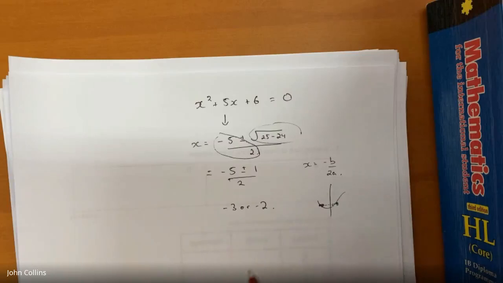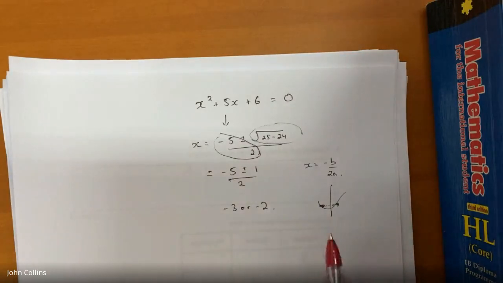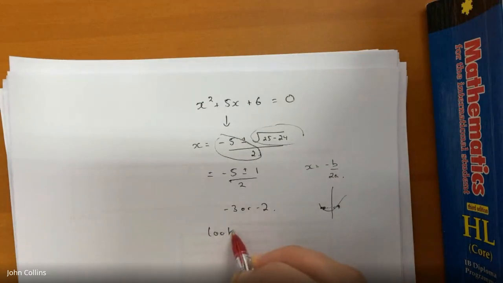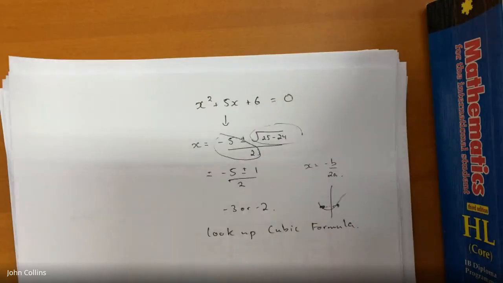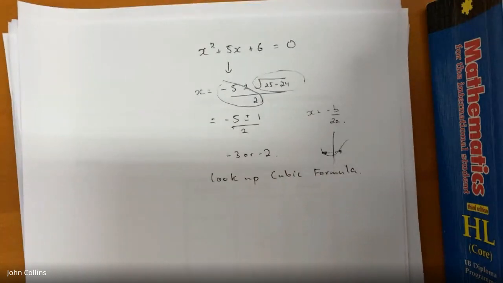Now the cubic formula does exist. It's going to take me too long to write it out. I would definitely make a little note in your notes to look it up. And with the cubic formula, sir, I guess it's not plus or minus. If you want to take 2 seconds to literally look it up and have a look at it, you can see that it's going to be more than just plus and minus.